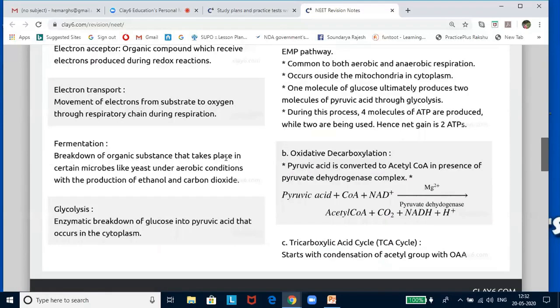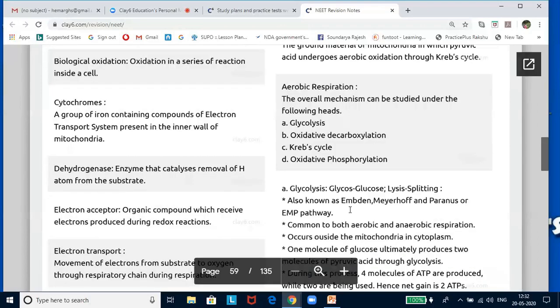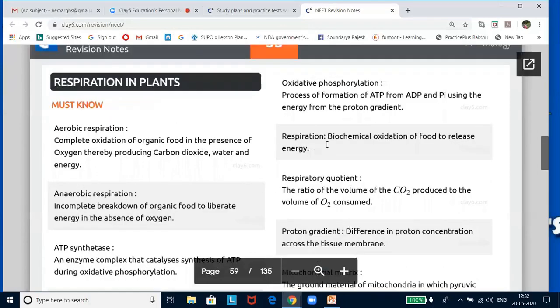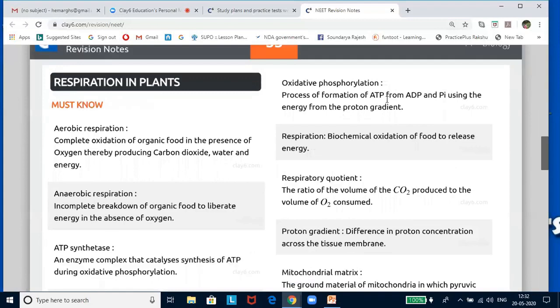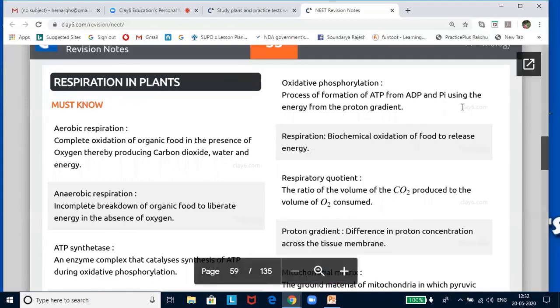Fermentation, breakdown of organic substances that takes place in certain microbes like yeast under anaerobic conditions with the production of ethanol or ethyl alcohol and carbon dioxide. Glycolysis is enzymatic breakdown of glucose into pyruvic acid that occurs in the cytoplasm.